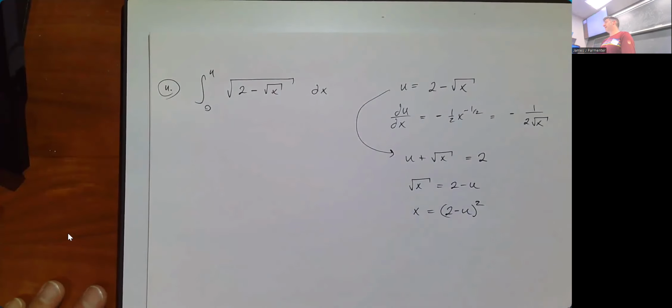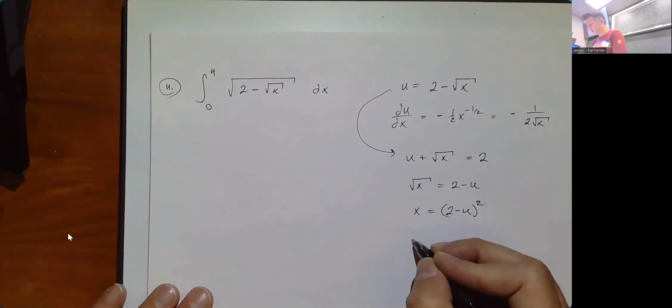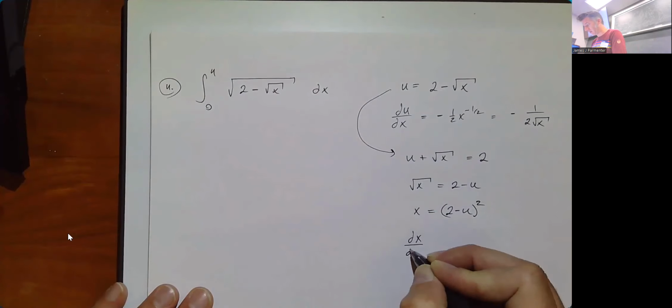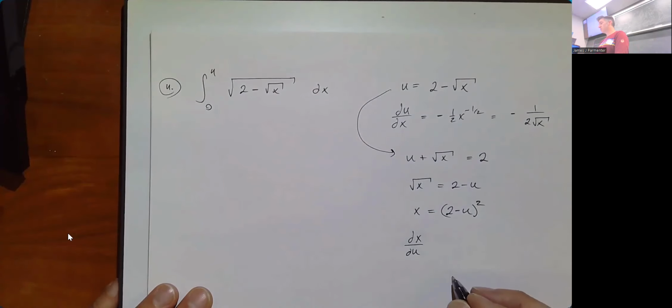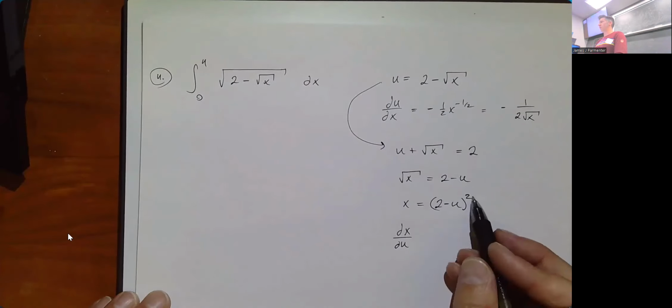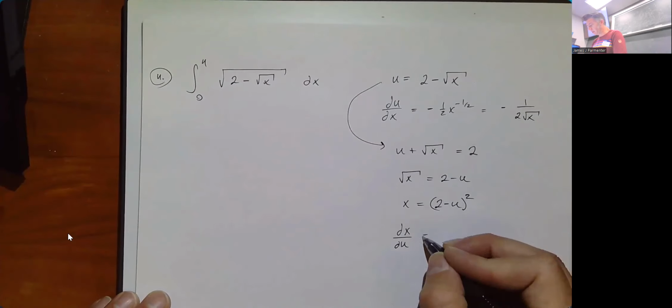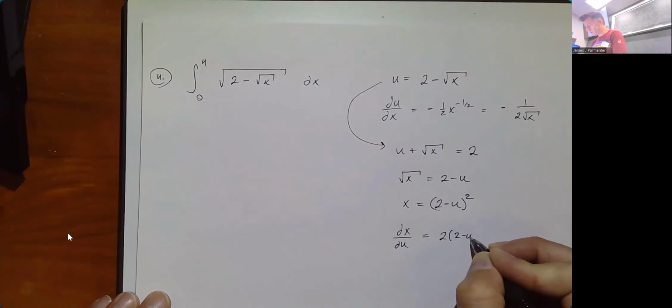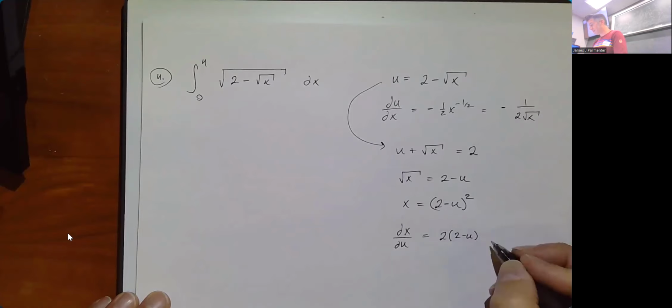Then instead of finding the derivative of u with respect to x, we're going to find the derivative of x with respect to u. Well, great. We know how to differentiate something squared. The derivative of something squared is 2 times our something to the first, times what?